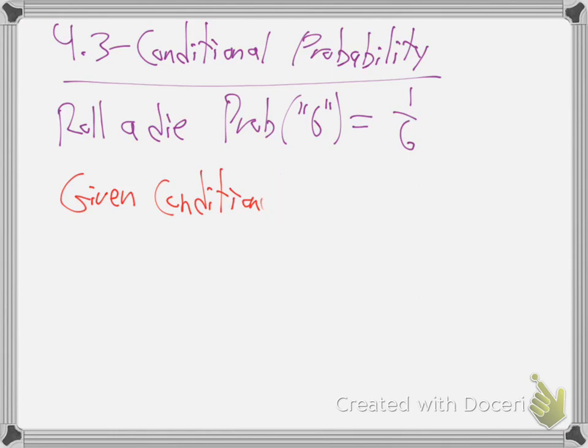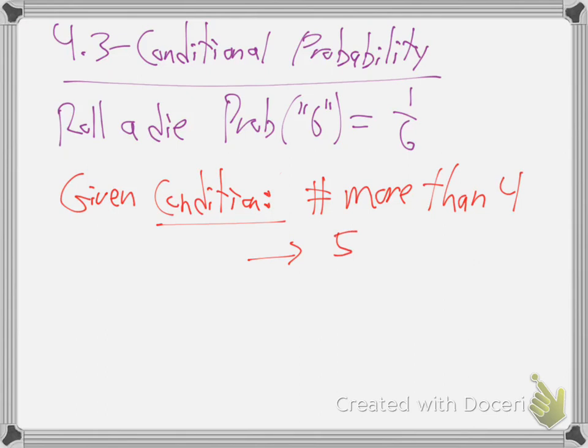If I give you a condition, if I look at the die and I say the number is more than 4, if I say, hey, I rolled a die, and the number came out more than 4, what could the number be? 5 or 6. It must be 5 or 6 if it's more than 4.